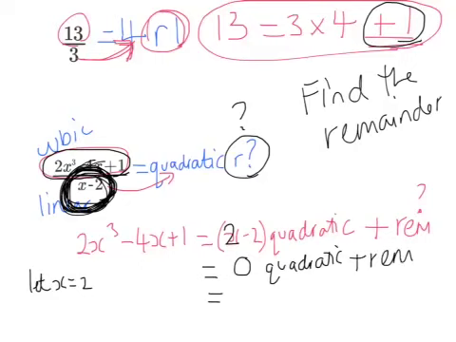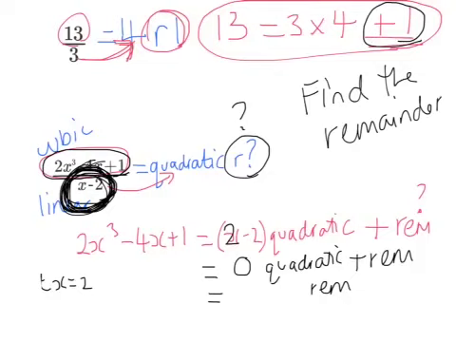Nothing times the quadratic is just nothing, and then you'll end up with just the remainder on the right-hand side. We can get rid of the nothing, and we'll just be left with the remainder. We did this by letting x equal 2, so what we're going to have to do is feed a 2 into here.